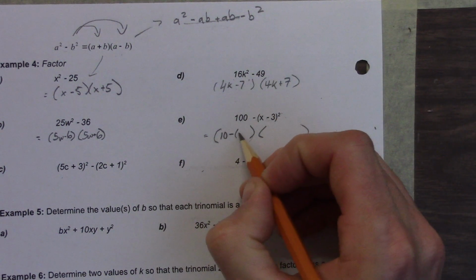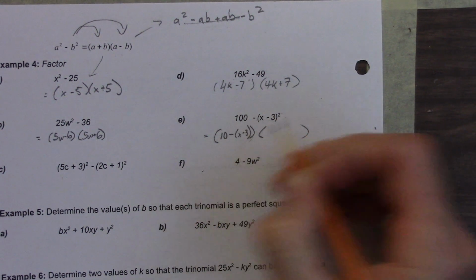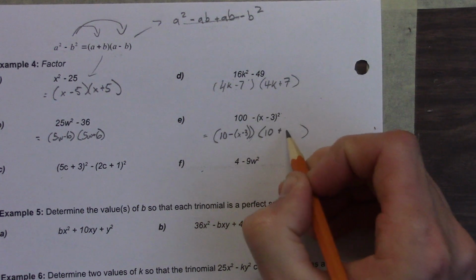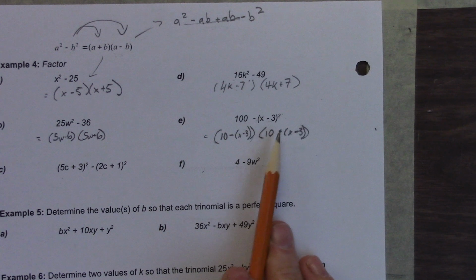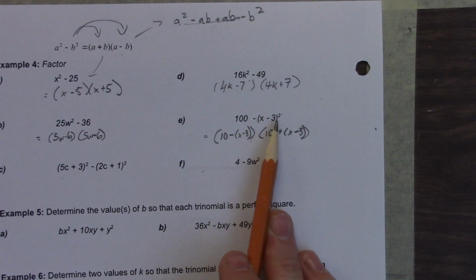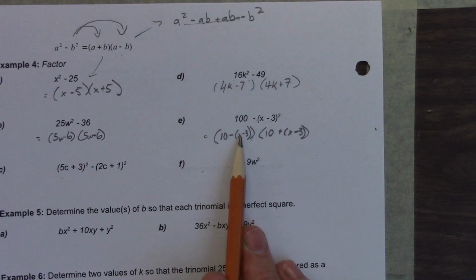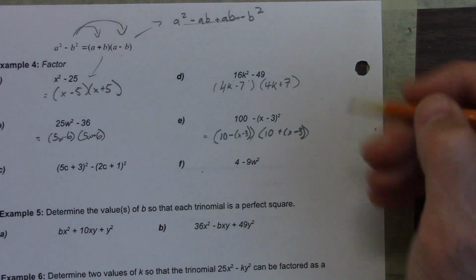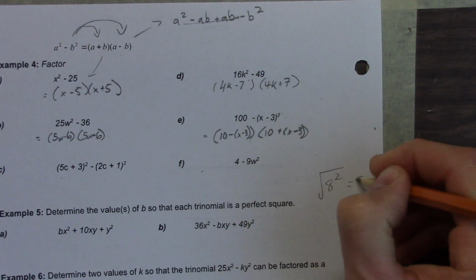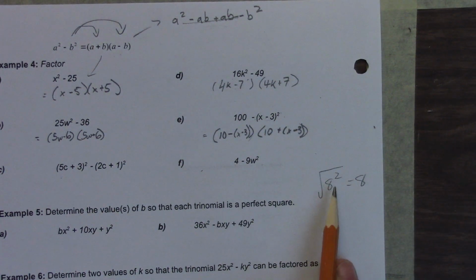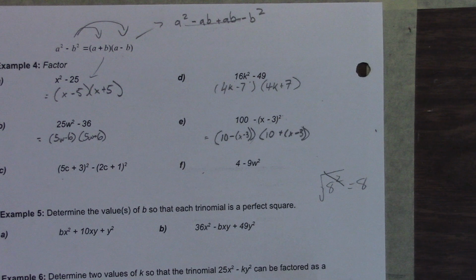So make sure you keep it in brackets, because of that negative sign. Do you understand why that is the case? The square root of x minus 3 squared is just x minus 3. Does that make sense? Just like 8 squared, square root is 8. You're just knocking off the square with the square root.